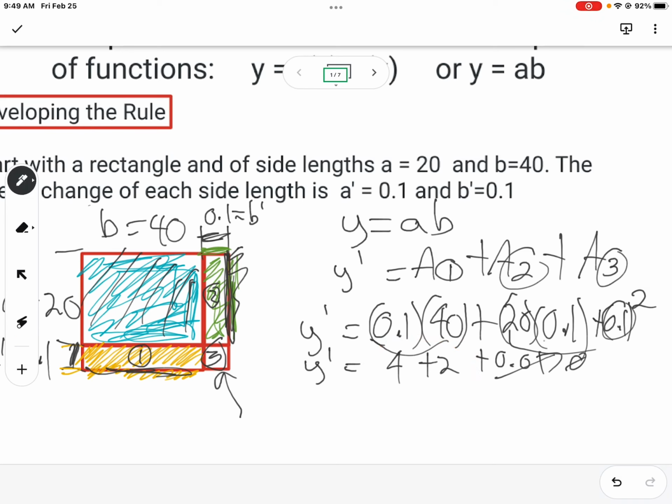Let's now go over where those letters come from. So what is the 0.1 as it relates to the 40? Well, the 40 is this distance here to here, okay? And then, the 0.1 times 40, that's this rectangle here, rectangle 1.